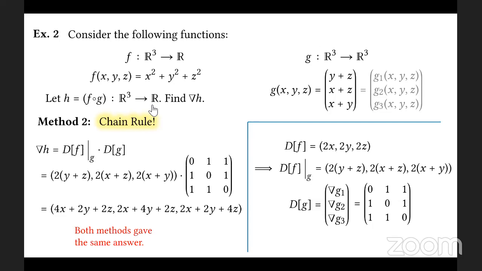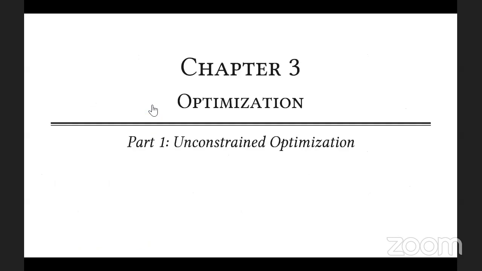I actually gave two examples where not using the chain rule is much easier, but let it be known that the chain rule is still useful. Good? Okay, so if you remember anything about that, it's just that the chain rule is the derivative of the outside evaluated at the inner function, all times the derivative of the inner function.